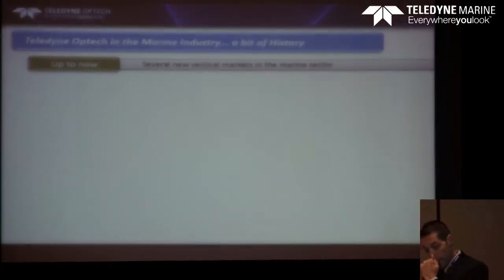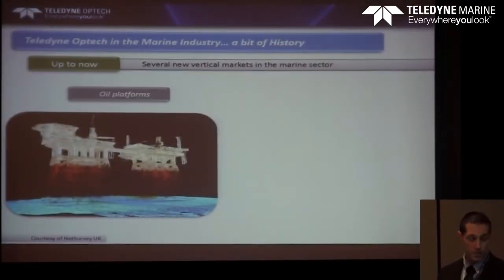Another application is the oil platform. With the laser scanner you have very fine details of whatever you scan. In this particular survey, we got fine details of the whole platform.